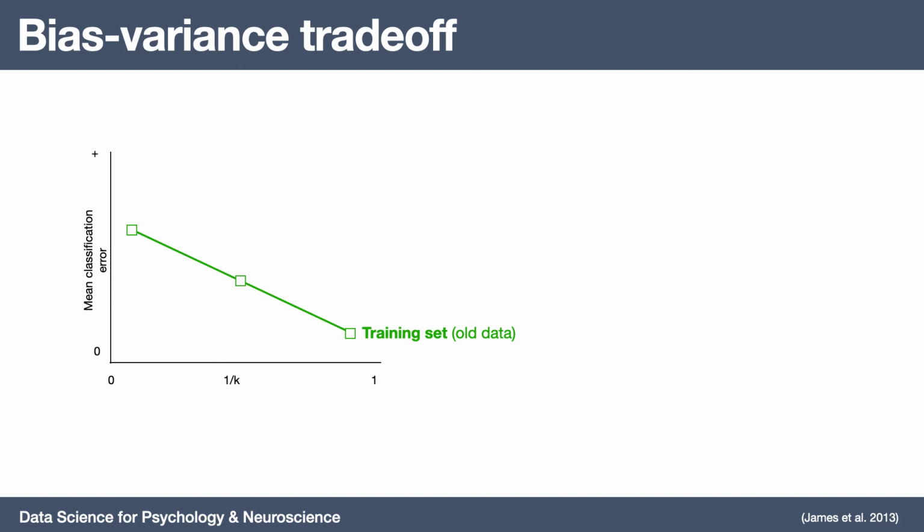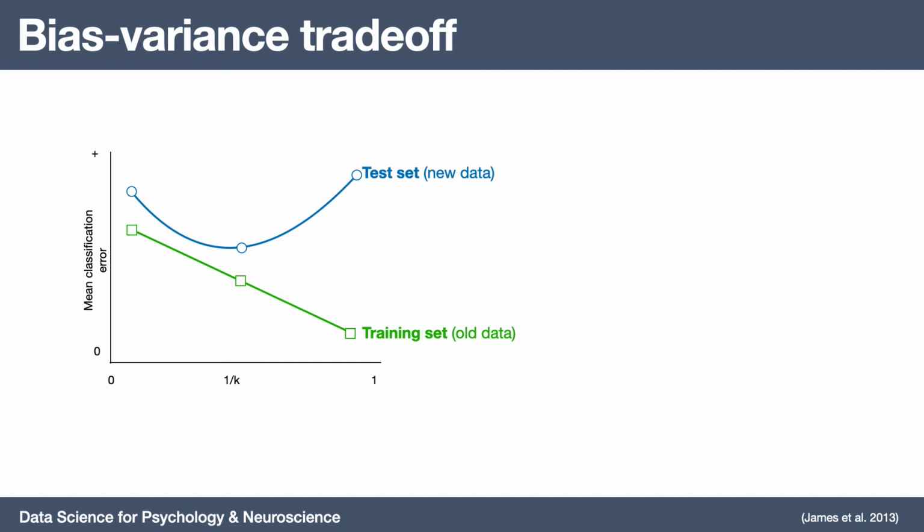And that's because you're picking up on the nuanced variability of just that training data set alone. And just like with other types of models, if you compare your accuracy of your test set, data that is not included in your training set, you'll find that there's a point at which your test error increases.